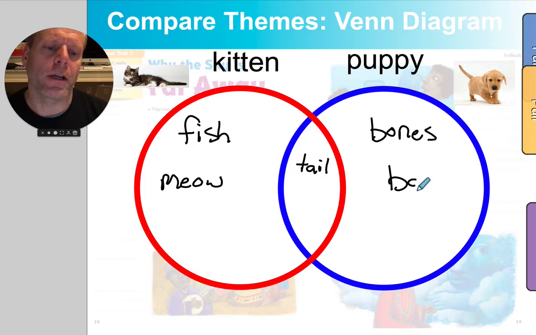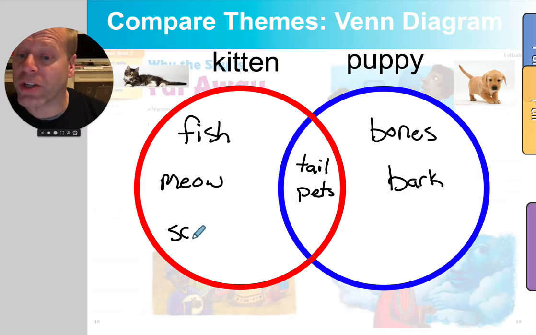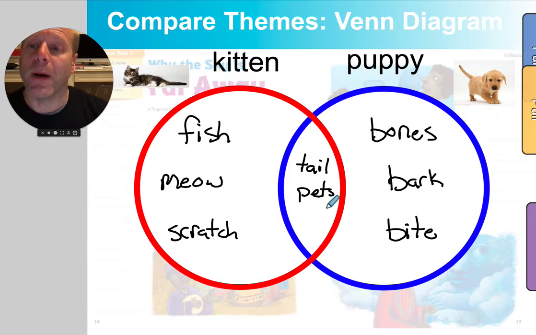Dogs bark. But they're both pets. Cats will often scratch if they're angry or scared, where dogs might bite if they're angry or scared, right? But they are both mammals.